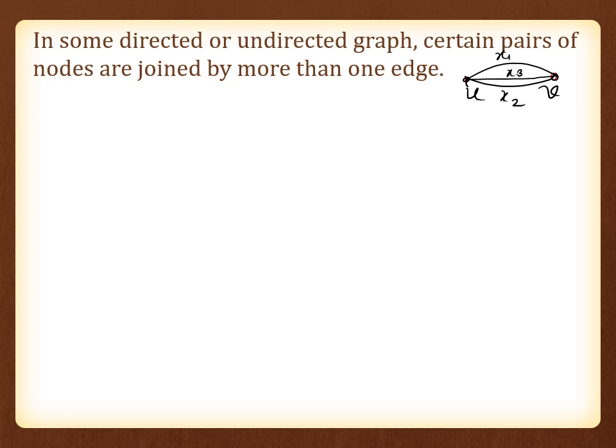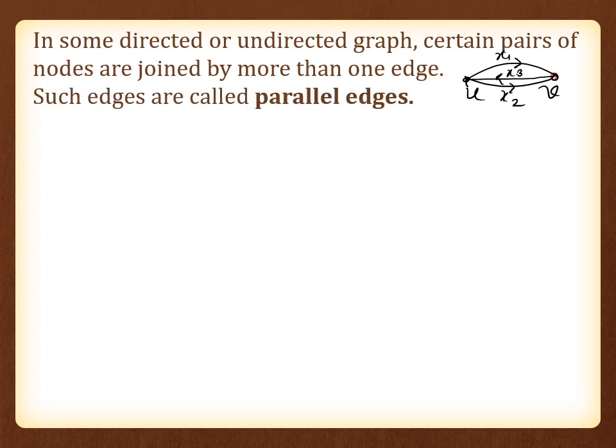So these three edges are called parallel edges. If we assign a direction to all these three, then x1 and x2 are parallel edges and x1, x3 or x2, x3 are parallel but they are distinct.